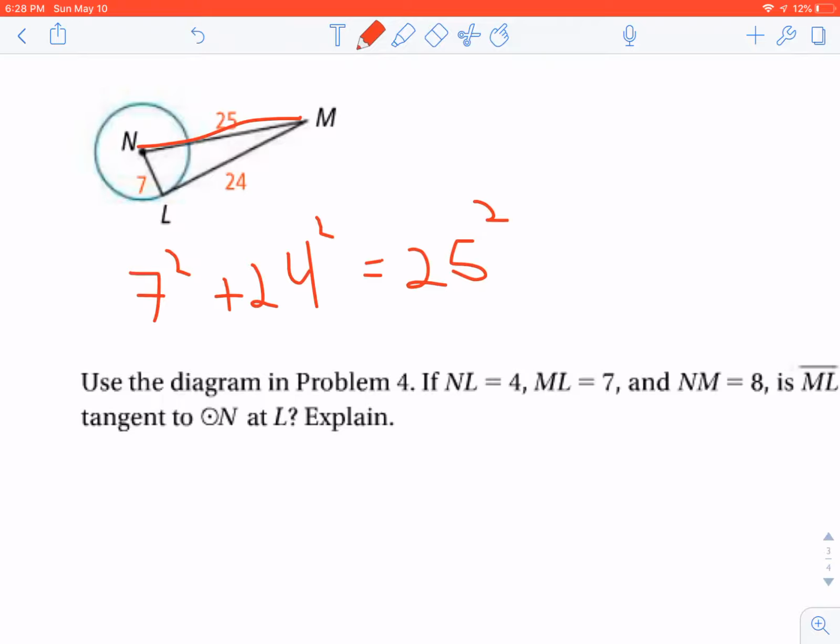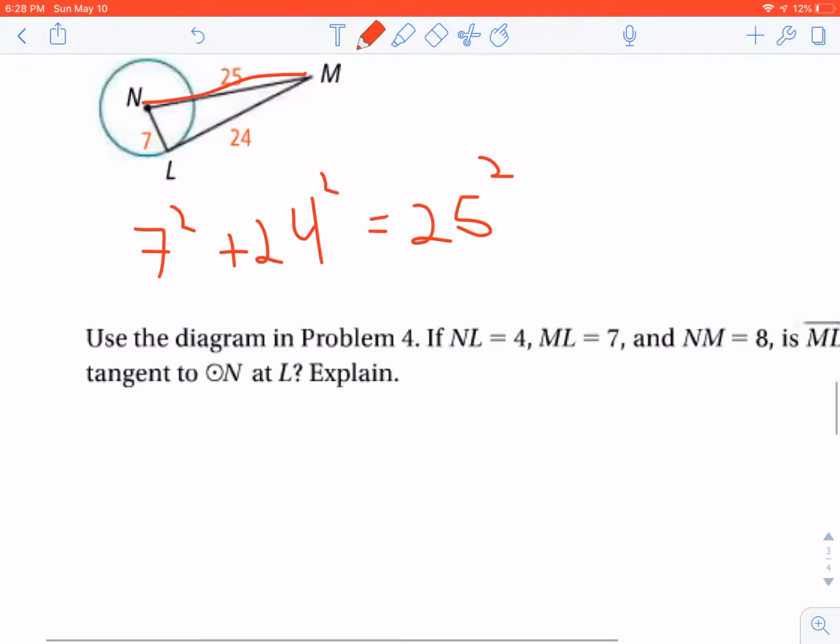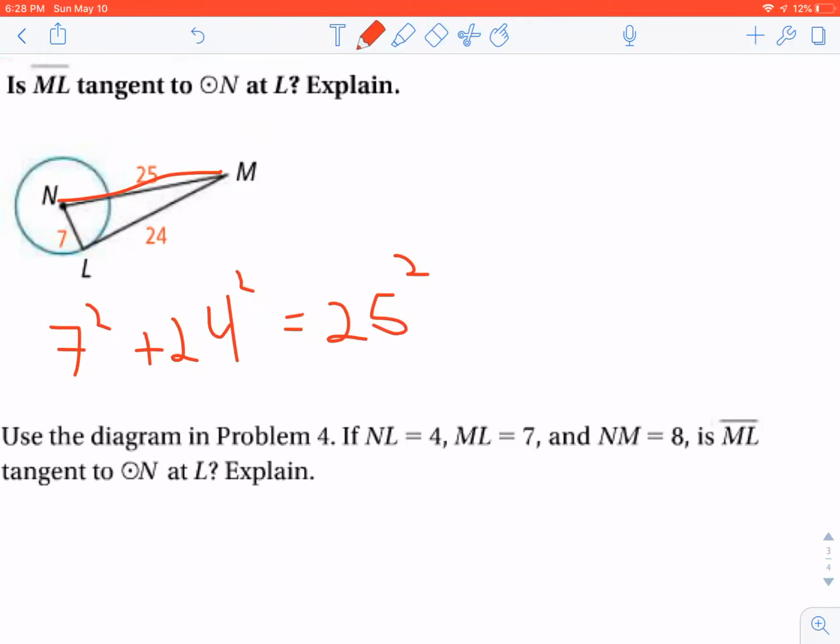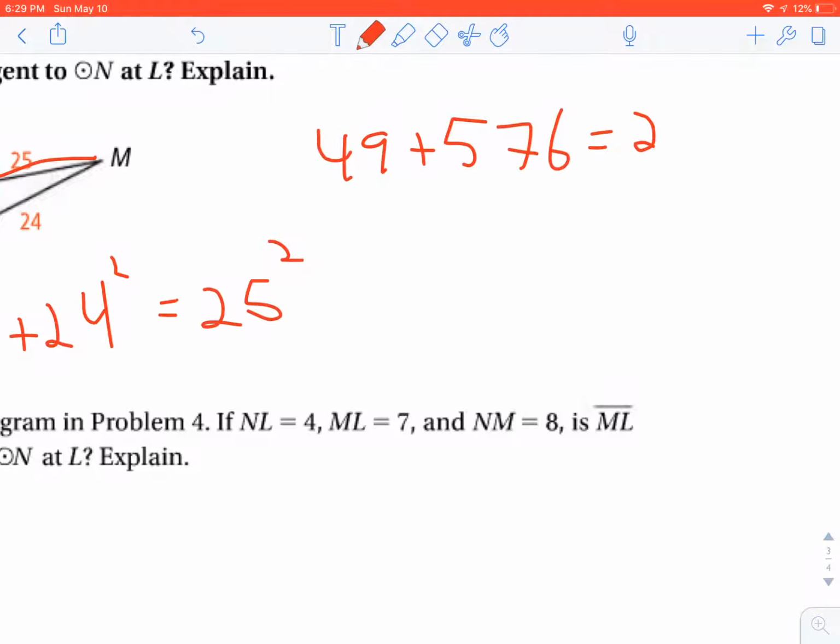Well, if I do 7 squared, let's do it over here, I get 49 plus 24 squared is 576. That needs to equal 25 squared. Well, 49 plus 576 is 625.